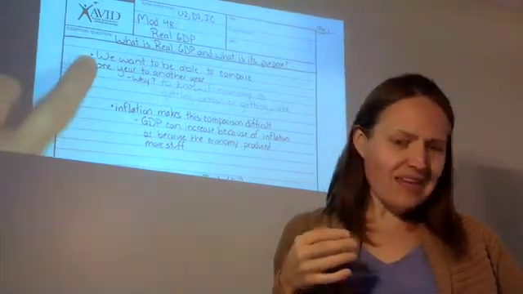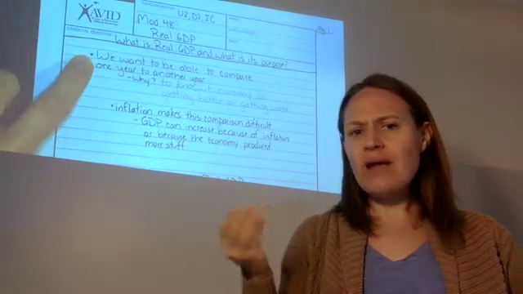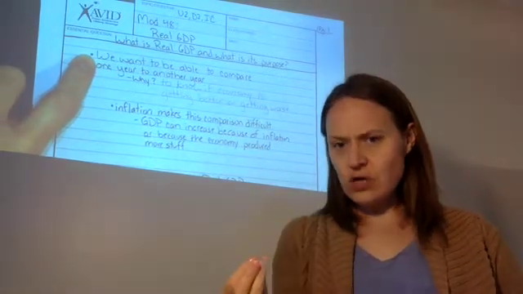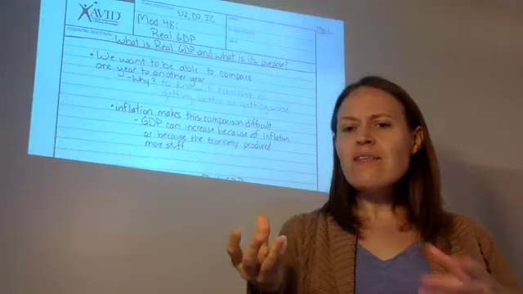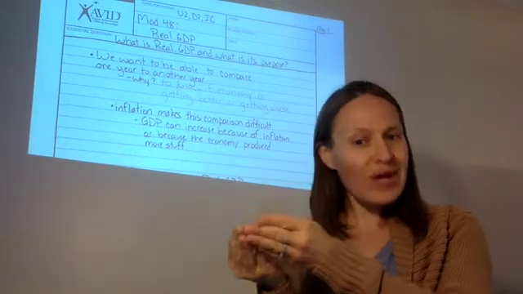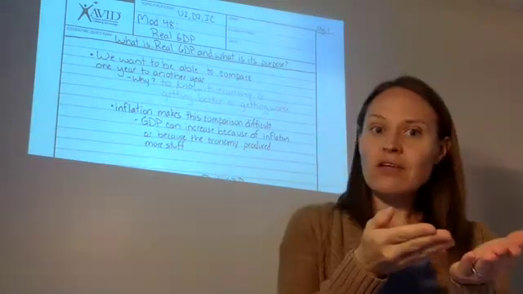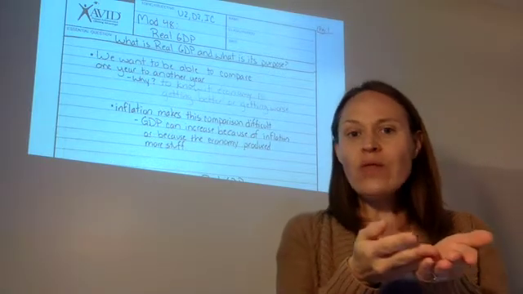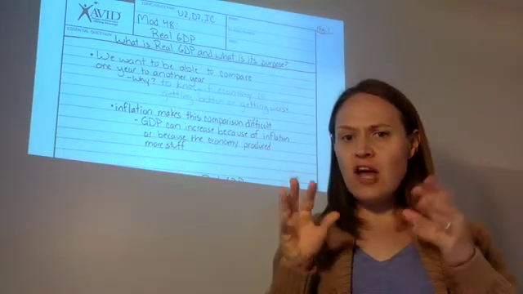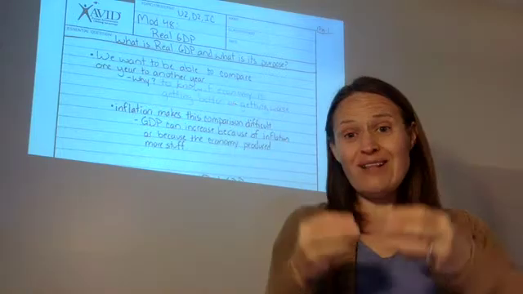But what if we want to be able to compare one year to another year? What is the purpose of knowing the 2020 US GDP compared to the 2019 US GDP? Well, that would be to know if the US economy is getting bigger or getting smaller.